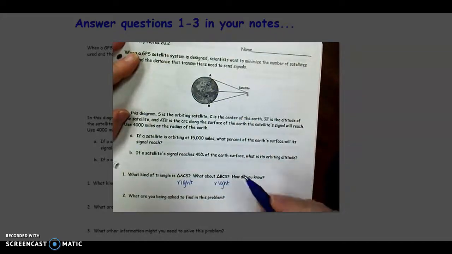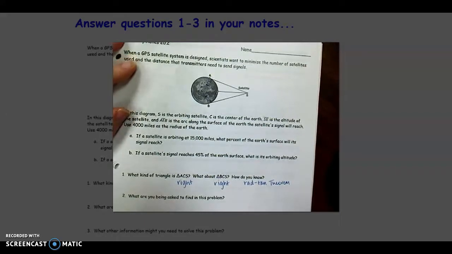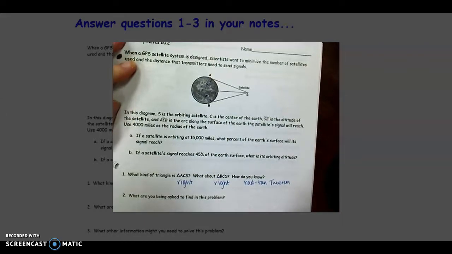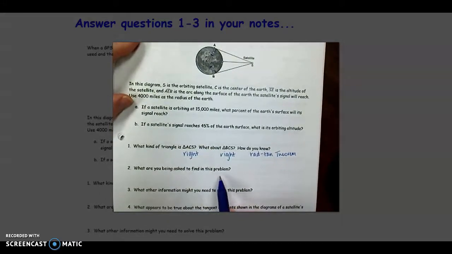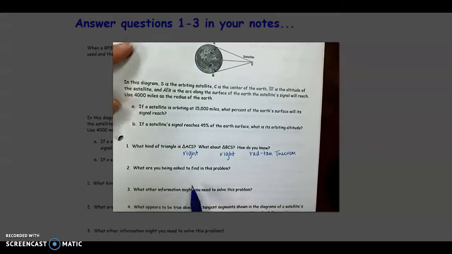The reason we know is the radius tangent theorem, which states that a radius drawn to a tangent of the circle is always going to form that perpendicular relationship. So what are we being asked to find in this problem? Well, we talked about that already.